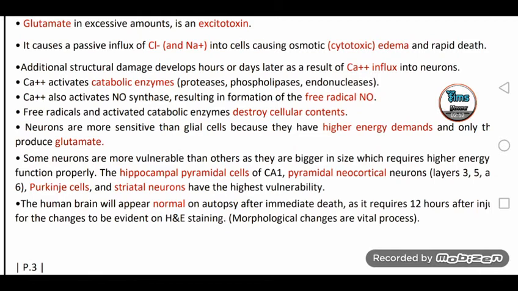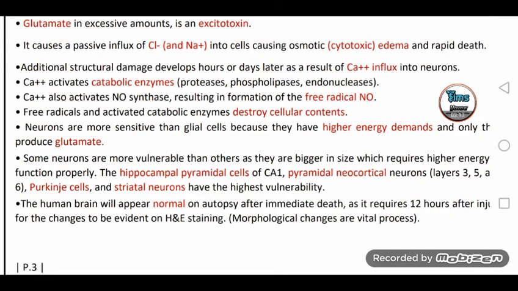Nitric oxide synthase is an enzyme that synthesizes nitric oxide, okay, which is a free radical. So this free radical nitric oxide, as well as the catabolic enzymes, the proteases, the phospholipases, and the endonucleases, destroy the cellular contents, causing more damage.